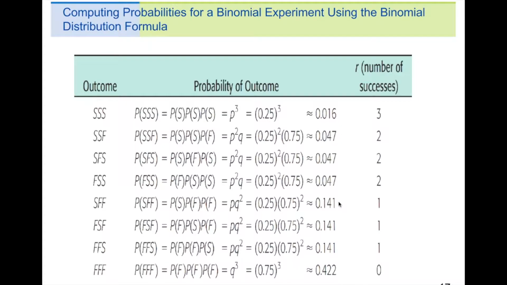The ones with 2 failures and 1 success, also all the same. And then probability of 3 failures is just cubing 0.75. Probability of 3 successes is just cubing 0.25. And r is another important part that you need to know because that's the number of successes. So when we're trying to figure out the number of successes, that's r. So it differs on what you're asking for.